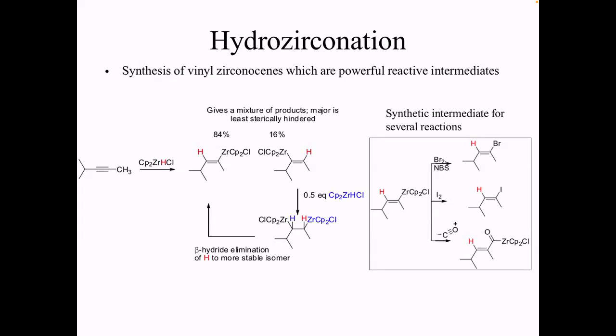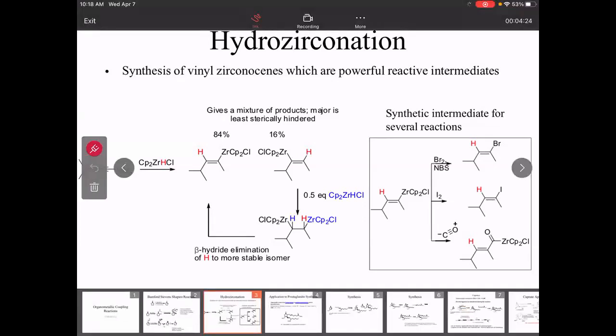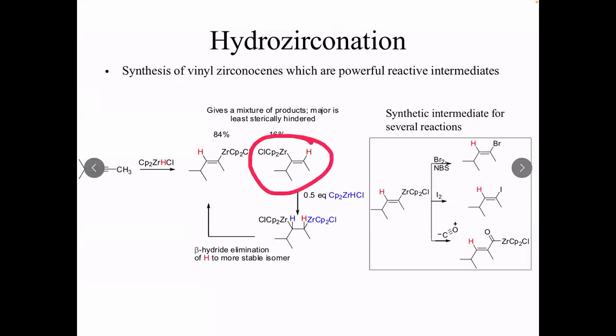Here you're going to get a mixture of products if you have a disubstituted triple bond like the one we have shown. So you're going to get the zirconium at either side. But you can also take the vinyl zirconium species here and convert it to the other species by adding another half equivalent of the Cp2 zirconium hydrochloride.